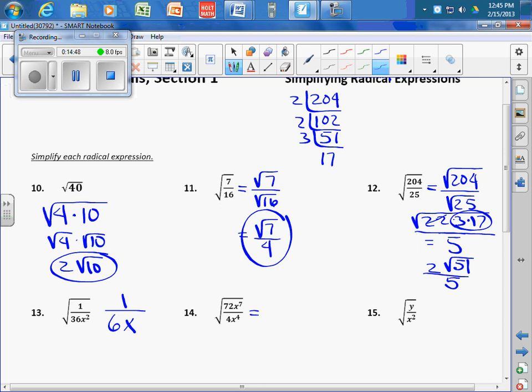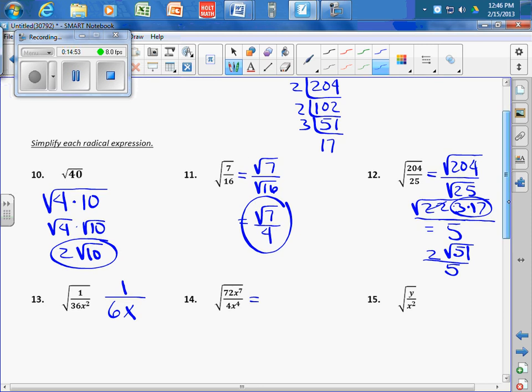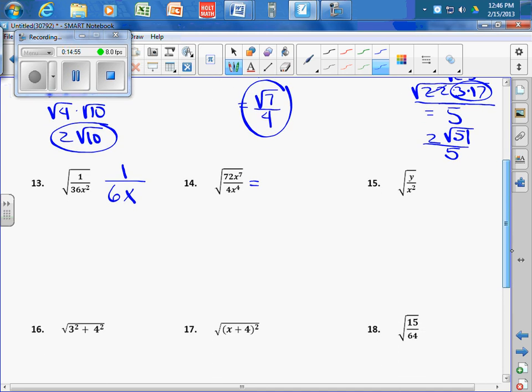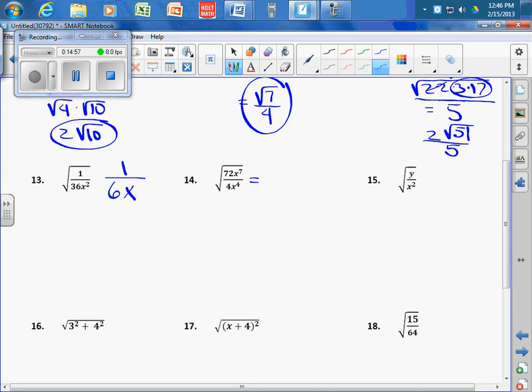In number 12, 204 over 25, we can't reduce that fraction, so I didn't bother there. But in number 14, I can reduce this fraction. 72 over 4 is 18. So I'm going to have radical 18, and then x to the 7th over x to the 4th is x to the 3rd. This is what we need to simplify, not this messy looking fraction.